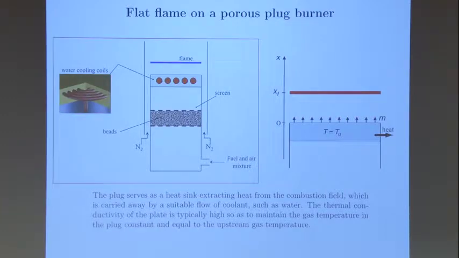The first example that I want to look at is a planar flame on top of a burner, a porous plug burner, a flat flame on a porous plug burner. By the way, to obtain experimentally a flat flame without a burner, let's say a free flame, if you bring your mixture from a large tube and you ignite it, it's very, very difficult to obtain a flat flame experimentally.